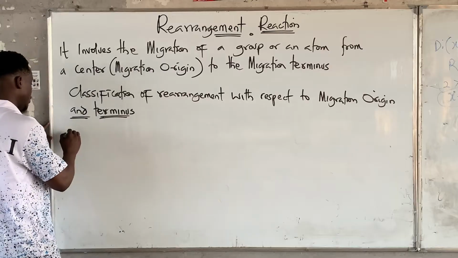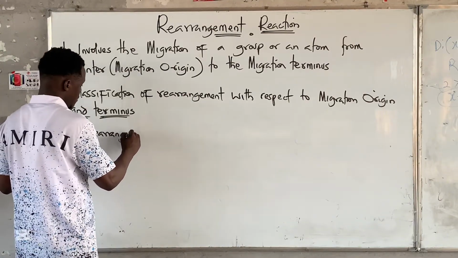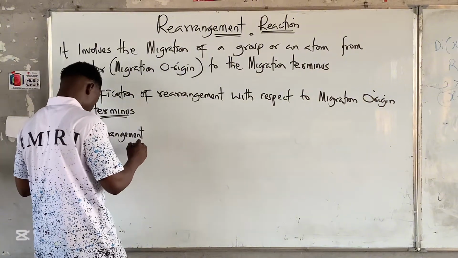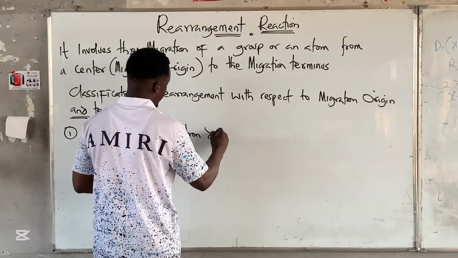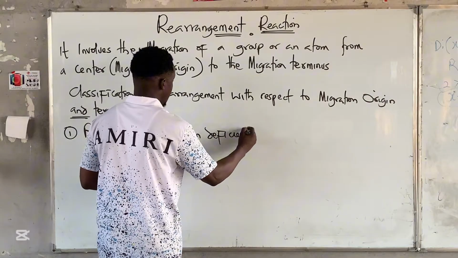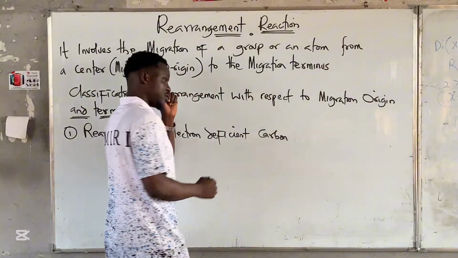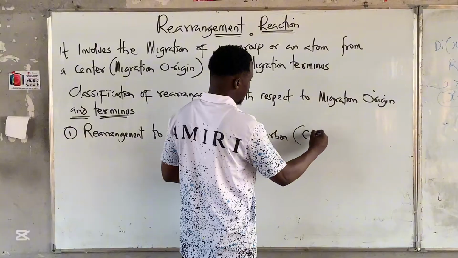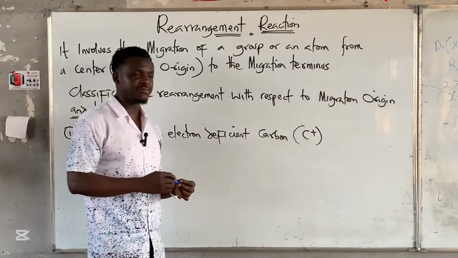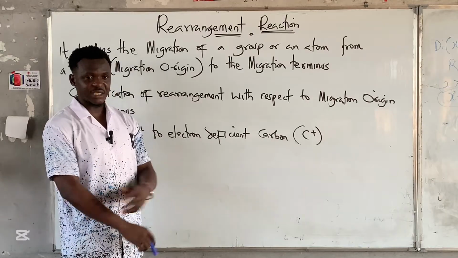All right, so the first one we have is rearrangement to electron deficient carbon center. Carbon that is electron deficient is basically carbon that has a positive charge, because when an atom is deficient of electrons, you're going to see a positive charge.